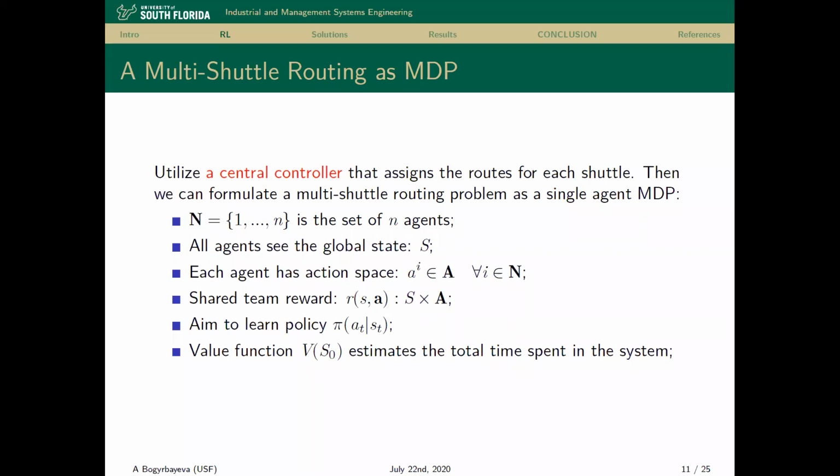So it's a joint action space, and it's going to receive only a single reward, which is the total time spent in the system, from when all the shuttles leave the depot until all the shuttles have returned back with all the drivers in them. And our aim is to learn the policy directly. We're not learning the value function or Q-value function. We are directly learning the policy. In this case, the value function just turns out to estimate the total time spent in the system.